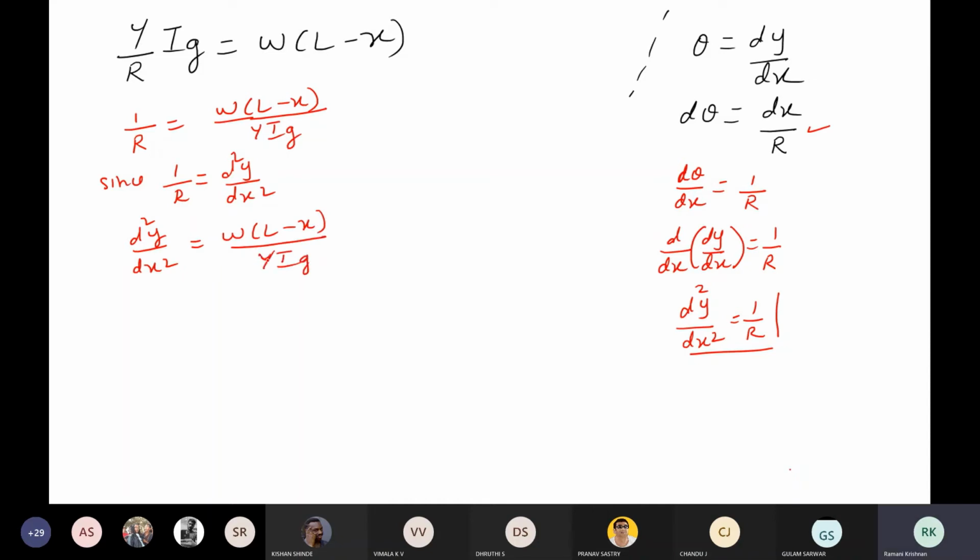Have a look at this. This is rough work. You need not write it in the answer. If you don't want to, don't write this; you can write directly that we know that. But if you want to write it also, no problem.